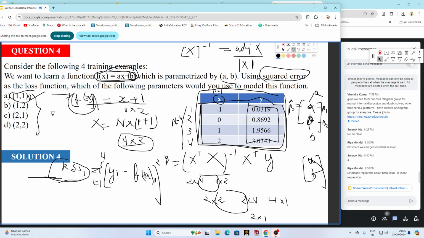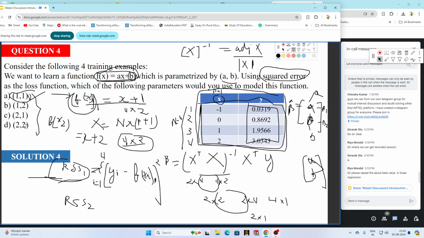Similarly, we will find the fx2. What will be our fx2? Fx2 will be a equals 1, that means x plus 2. This is our fx2. So we will do the RSS2 with fx2. Similarly, RSS3 with fx3, RSS4 with fx4.